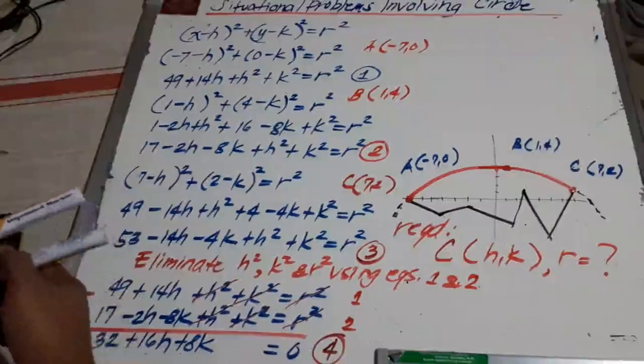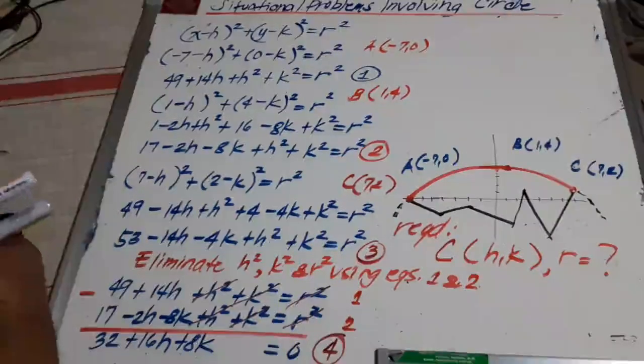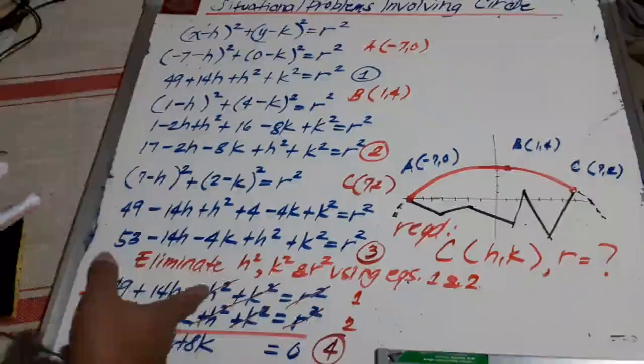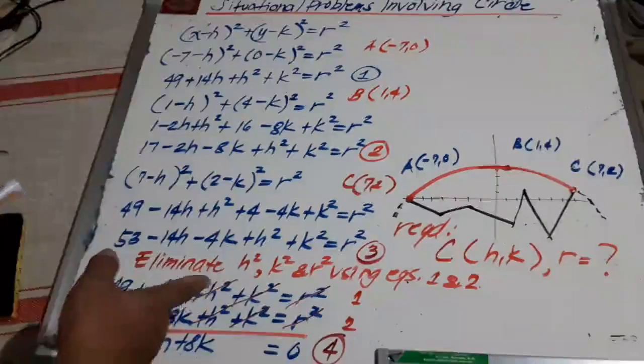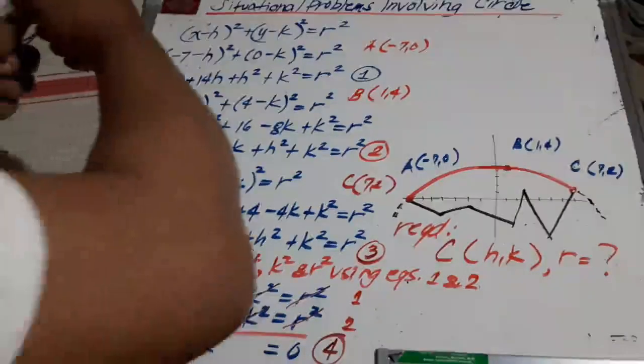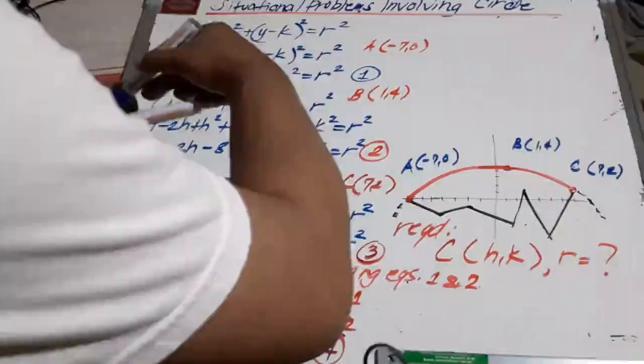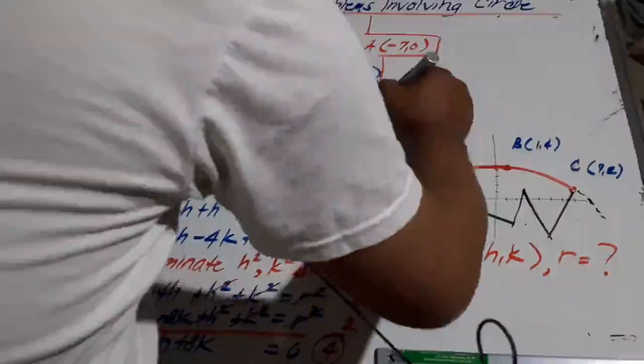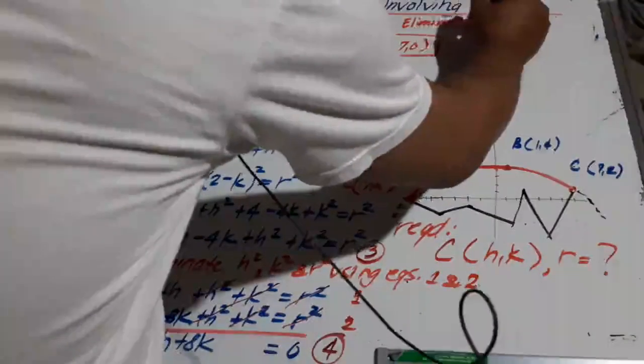Now, gamitin naman natin yung equations 1 and 3 to eliminate same variables, h squared, k squared, and r squared. Okay? So, eliminate. Tanggalin natin ito. So, eliminate r squared, k squared, and h squared using equations 1 and 3.